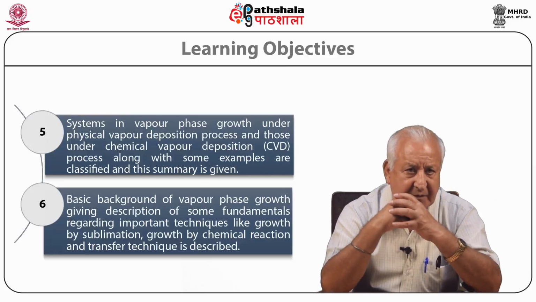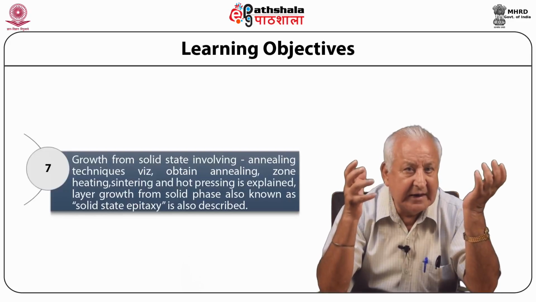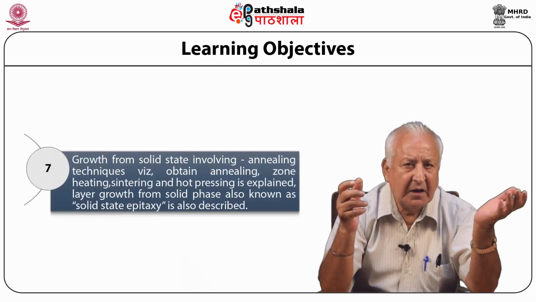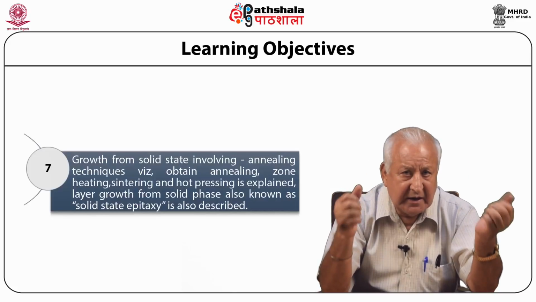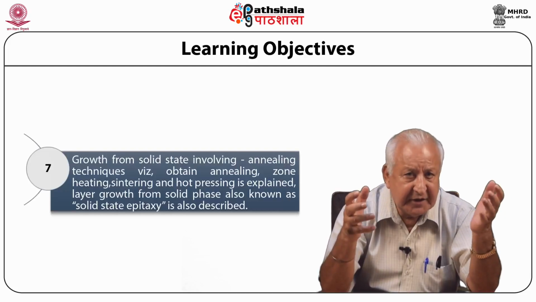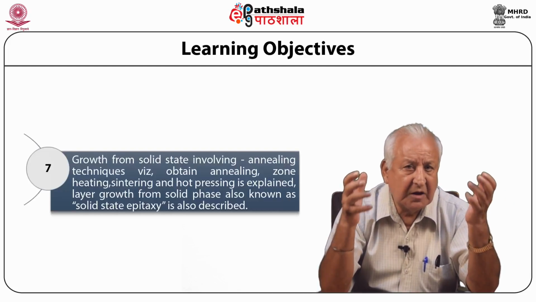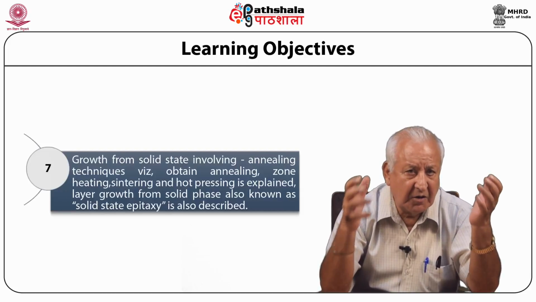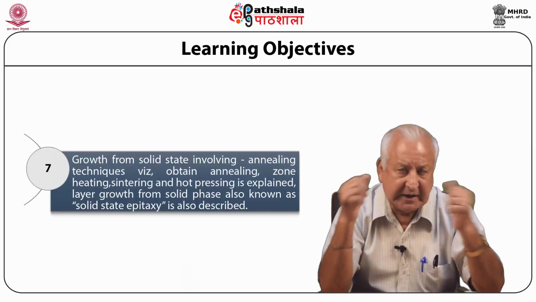Growth from solid state involving annealing techniques, namely strain annealing, zone heating, sintering, and hot pressing, is explained. Layer growth from solid phase, also known as solid state epitaxy, is also described.